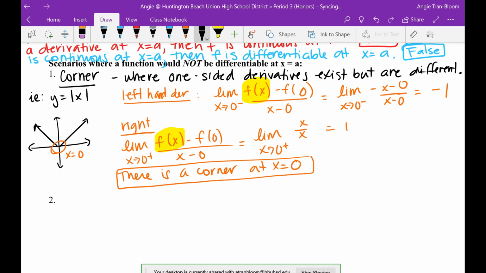The next reason that it will not be differentiable is called a cusp, C-U-S-P.